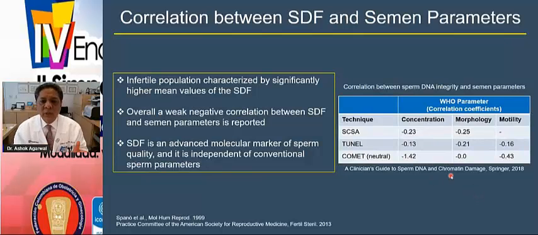So there is a poor correlation. People ask, why do we need sperm DNA fragmentation testing, if we can predict from the semen parameters?